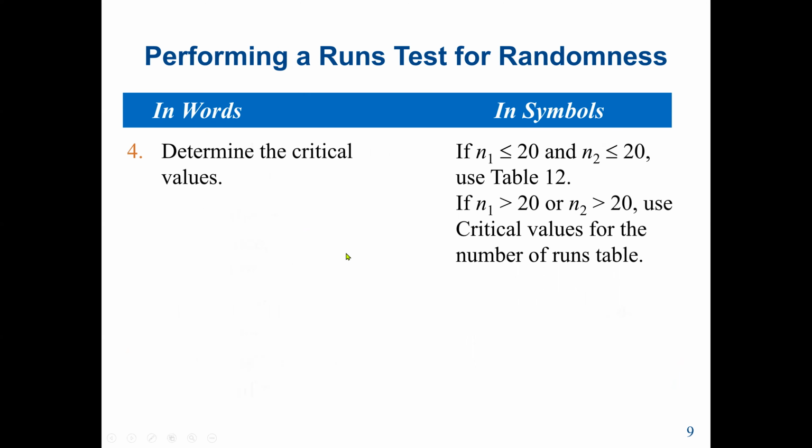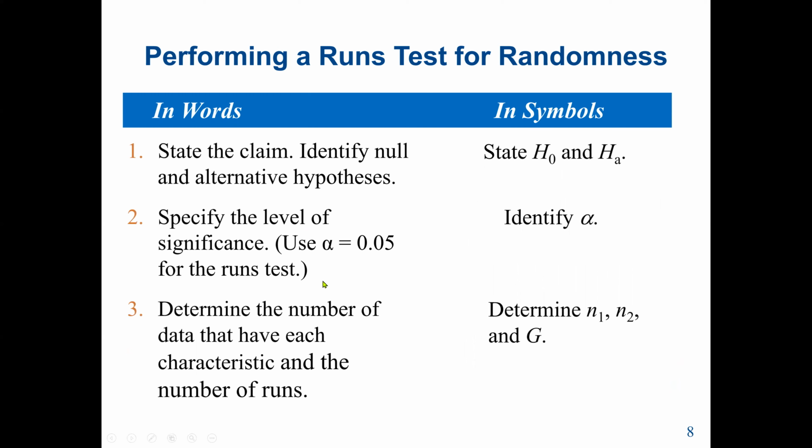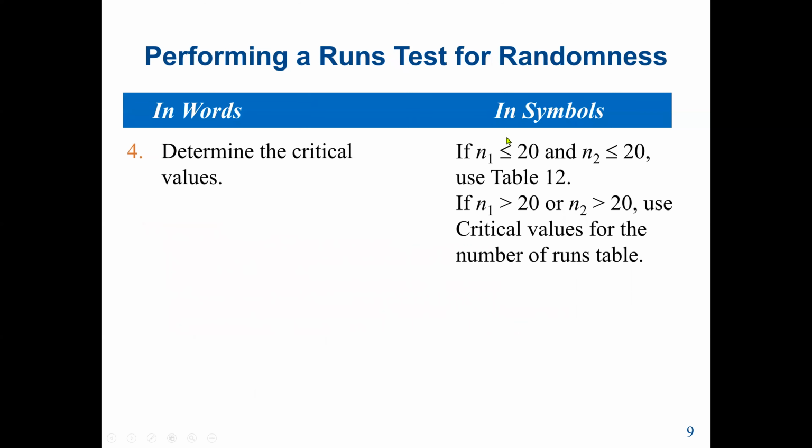Then we determine the number of data points that have each characteristic and the number of runs, so we need to know N1, N2, and G. But there's a condition for N1 and N2: if N1 is less than or equal to 20 and N2 is less than or equal to 20, then we use table 12, the table for finding the critical values for the number of runs.